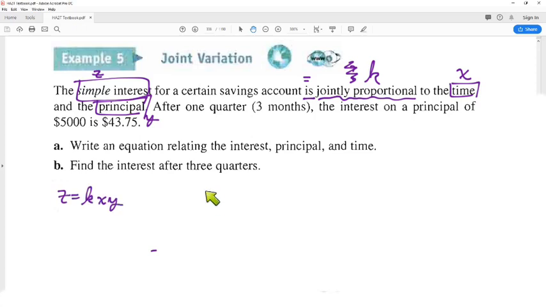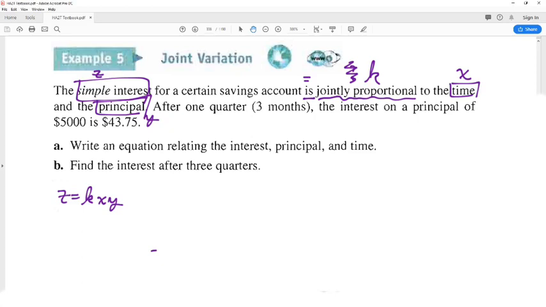And I don't see any clues that say time is squared or raised to the third power. Same with principal. I've already identified my variables. Z is simple interest, x is time, and y is principal. K is not a variable. That is a constant. We have to actually find the value of k to answer our questions.